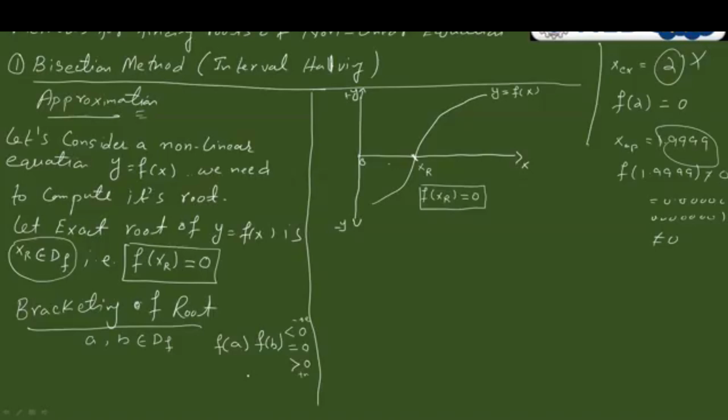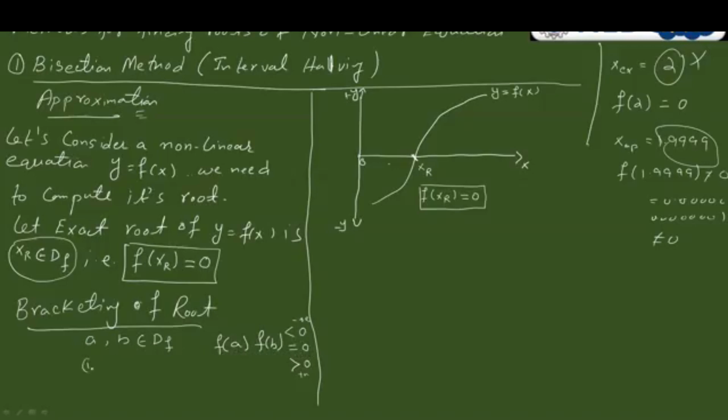For us, this is very important. Students, if you have two points selected and you have the condition f of A into f of B equal to 0, this means that at least one of A or B is a root. Why? Because if I multiply two things and the answer is exactly 0, this means that either this is 0 or this is 0.